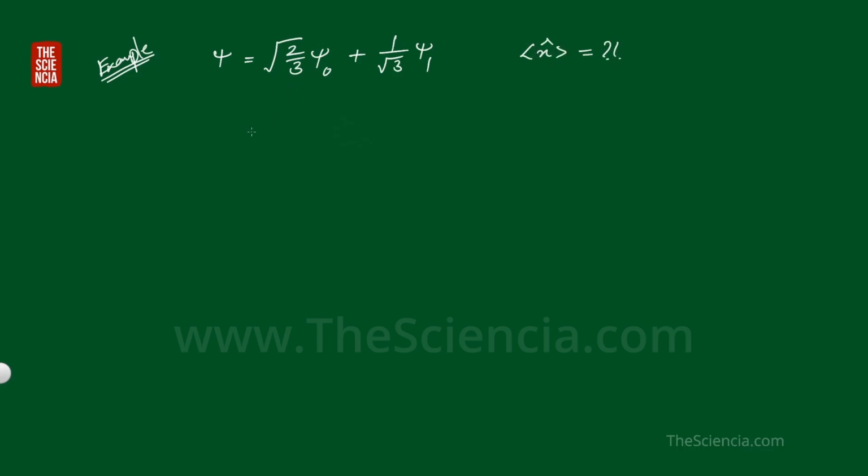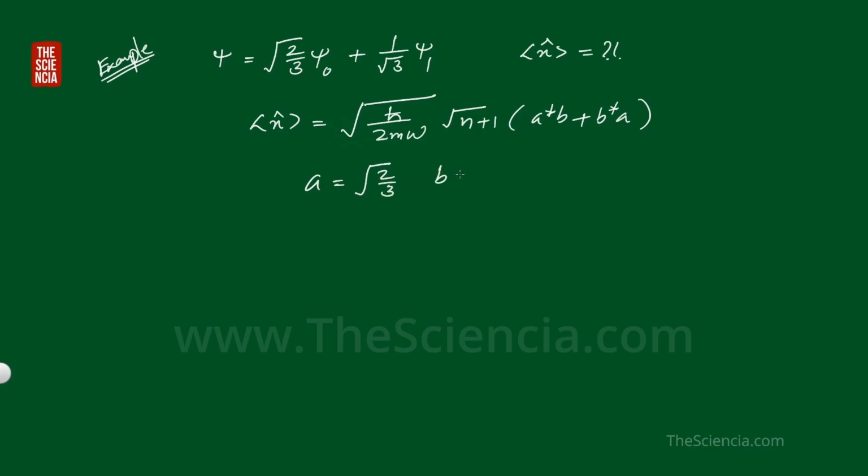We know the expectation value of x is equal to root h cross by 2m omega, root n plus 1, into a star b plus b star a, right? So we have to find these values: a is equal to root 2 by 3, b is equal to 1 by root 3, and n is the lowest state, that is n equal to 0.